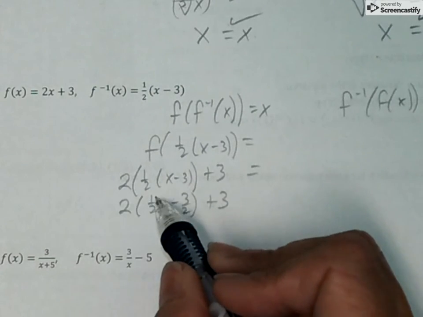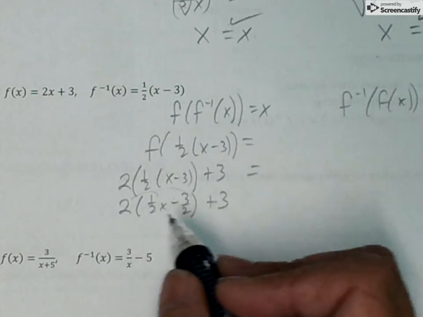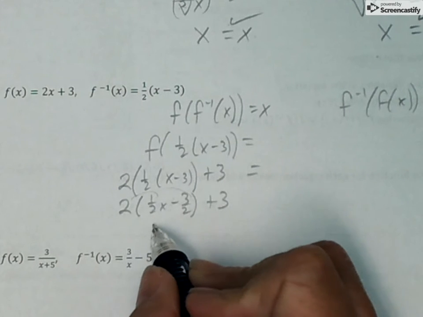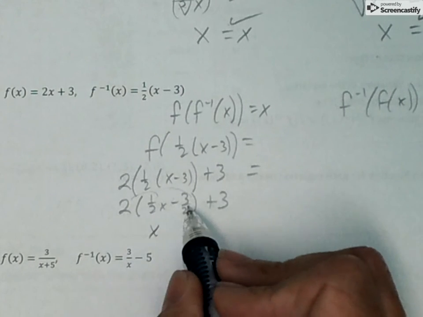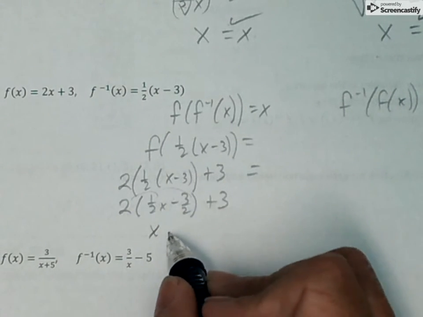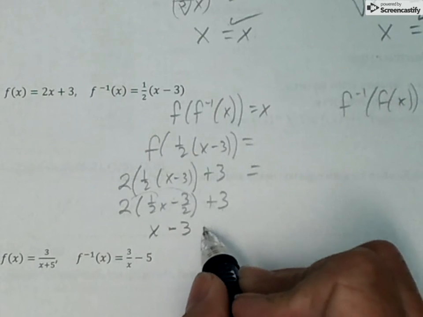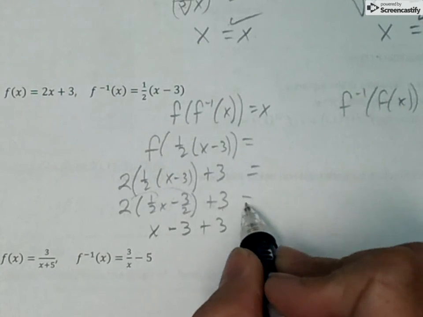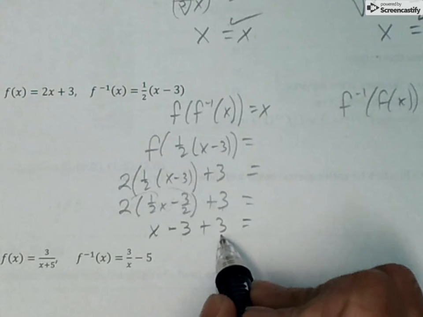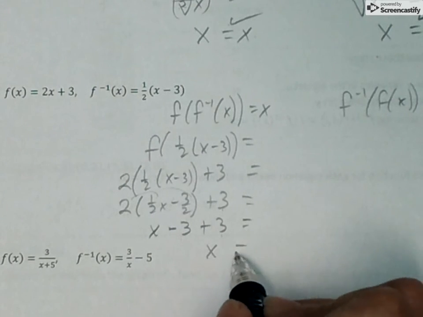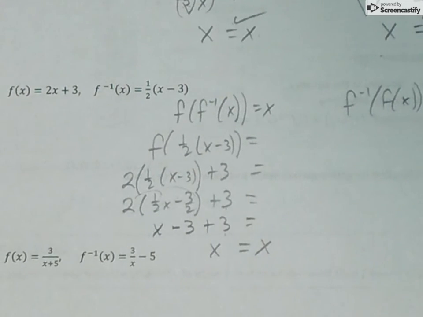I now multiply 2, or distribute this in here. 2 times 1/2 is 1, so I just have an x. 2 times negative 3/2 gives me a negative 3, plus 3. Well, the negative 3 and positive 3 cancel each other, so I've just got x equals x. Excellent, that is proven. Let's go to the next video now to finish off this proof.